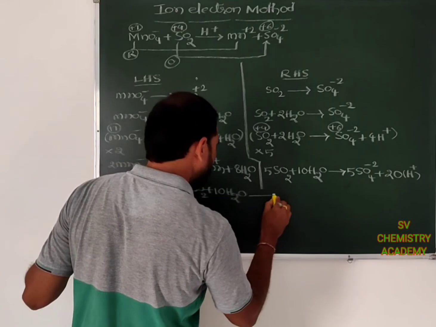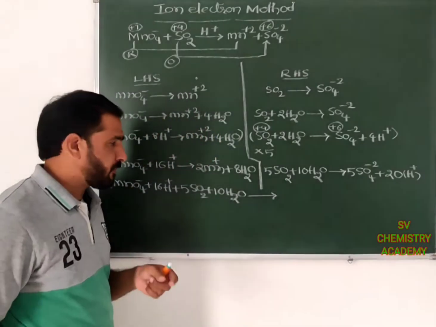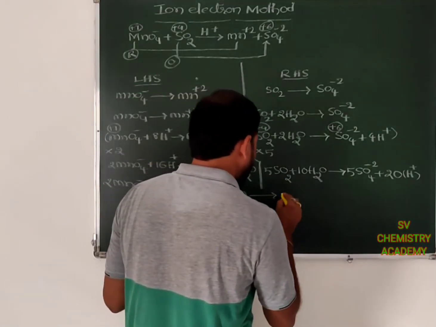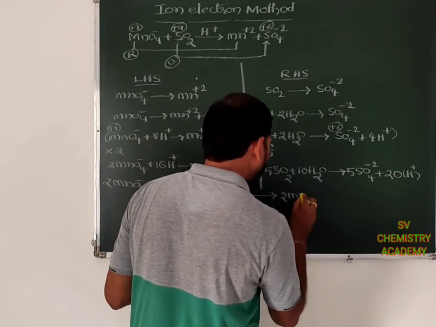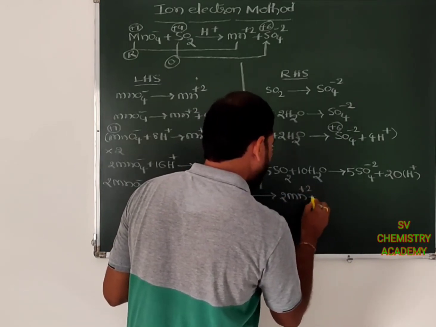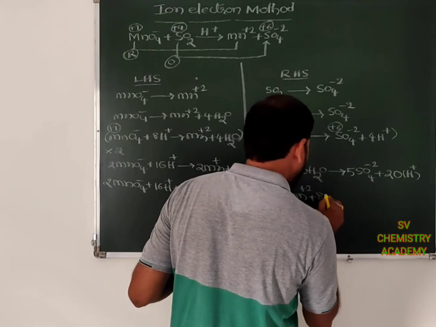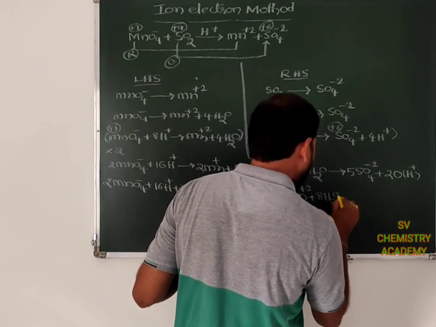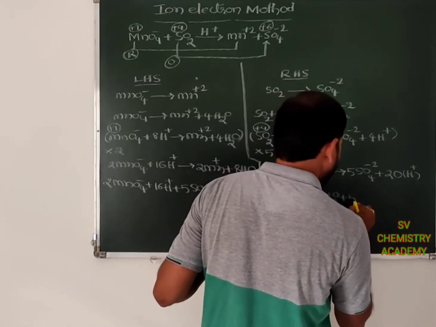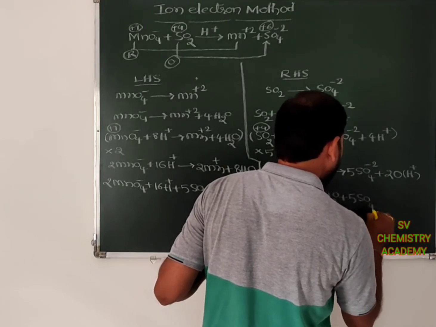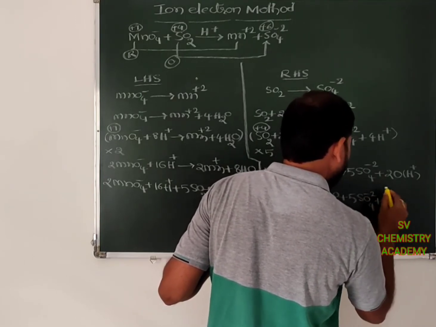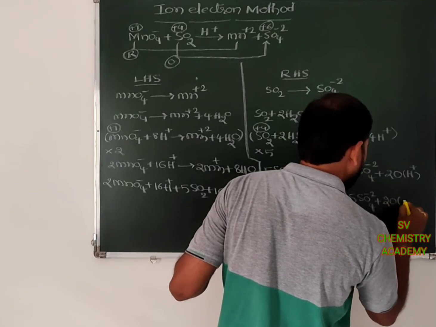Is it clear? Gives rise to the right side part of this LHS, that is 2 Mn plus 2 plus 8 H2O, right, plus this part 5 SO4 minus 2 plus 20 H plus.